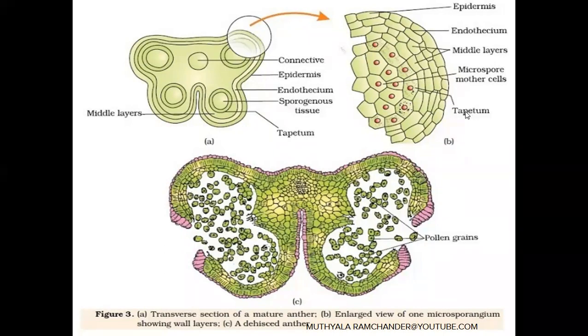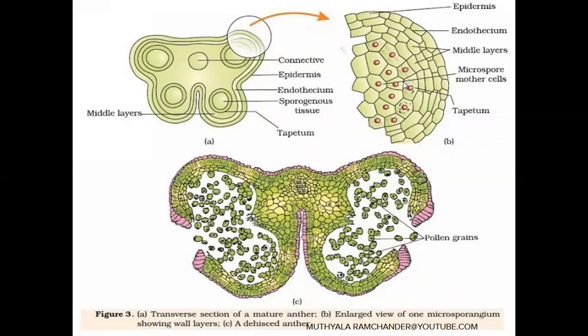Mainly in angiosperms, the tapetum cells are of two types. One is glandular tapetum. The second one is amoeboid tapetum. See in this diagram, glandular tapetum cells are present. Glandular tapetum cells have a perfect cell wall around them.